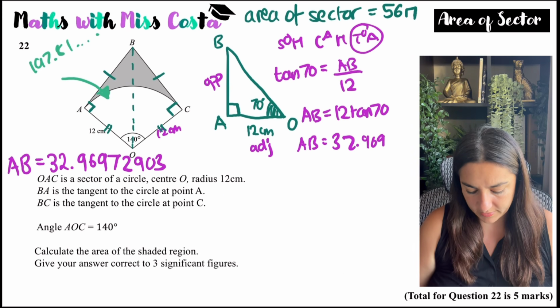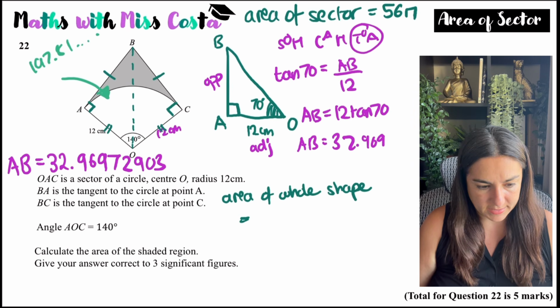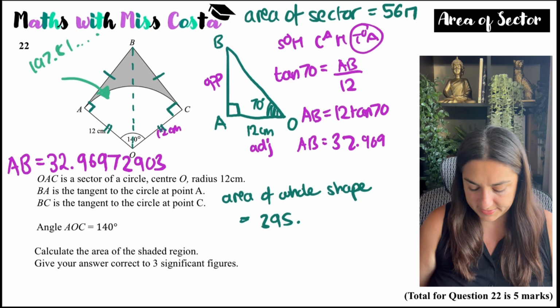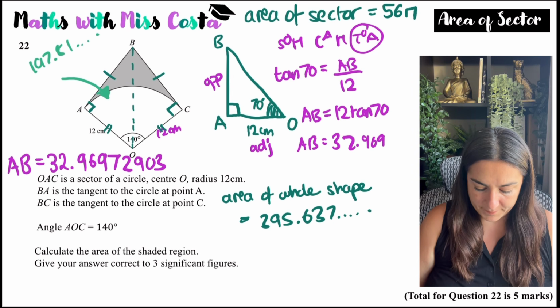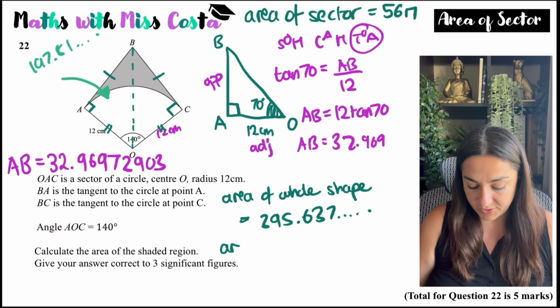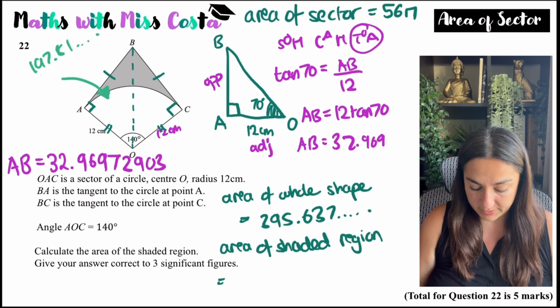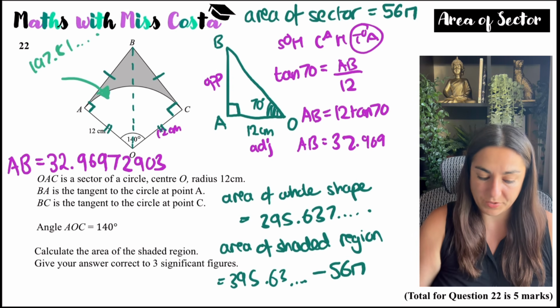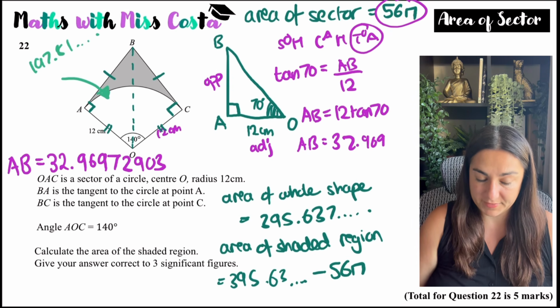So area of whole shape is 395.637. And to work out the area of the shaded region, I'm just going to do the whole area, 395.63, take away the area of the sector, which I worked out earlier, which is 56 pi.